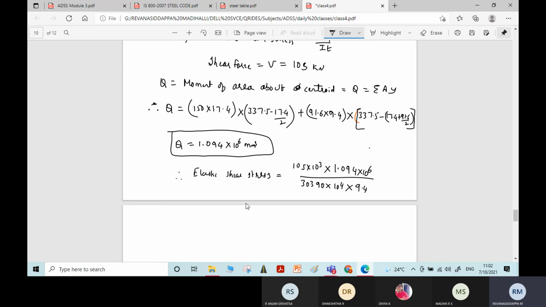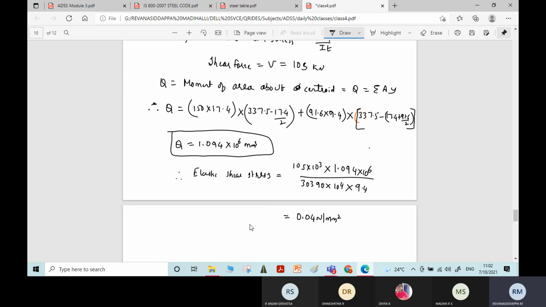What is the answer? See, in the notes which I have shared with you, I have taken some different value. For this moment of inertia, you need to take the moment of inertia about the major axis. What is the answer? 0.04 Newton per mm square.